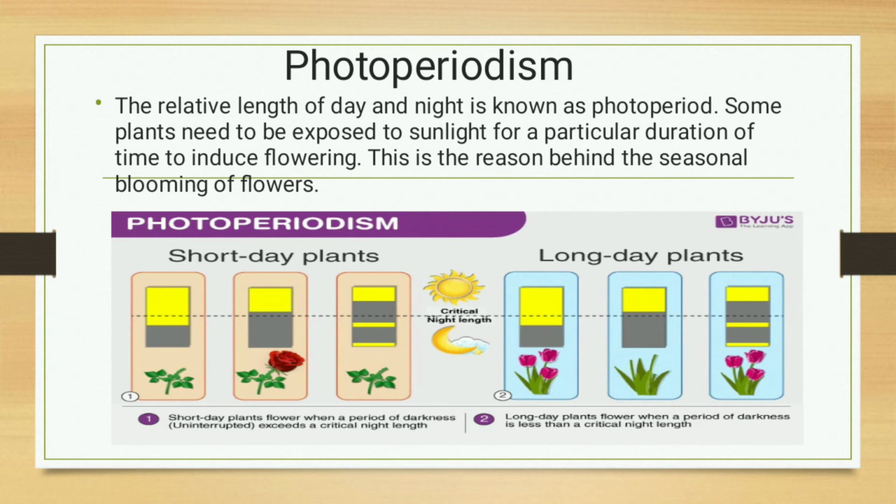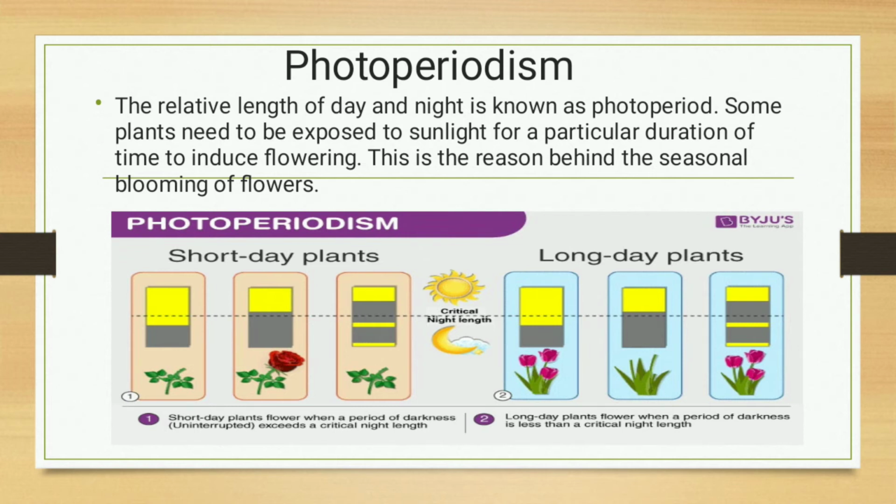Okay, so in the first diagram the yellow color is more than black color, that is, the light period is more than the dark period, therefore in short day plants there is no flowering. But in the second diagram, when the light period is less than the dark period, the plants are flowering.